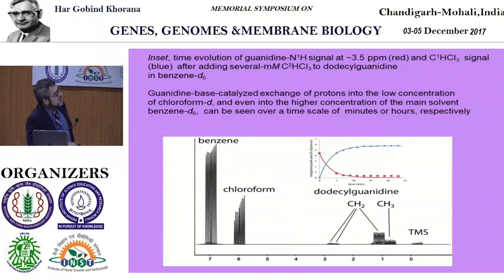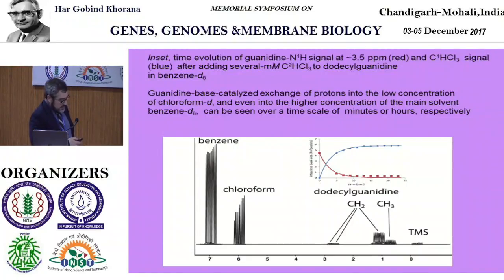This is the intensity of the protonated chloroform signal at 6.1 ppm, and it corresponds to just a little over 4 protons. Meanwhile, what starts out as 4 protons in pure benzene D6, once you add the chloroform, drops very quickly within 5 minutes, even though this is only a few millimolar chloroform, and continues to drop.